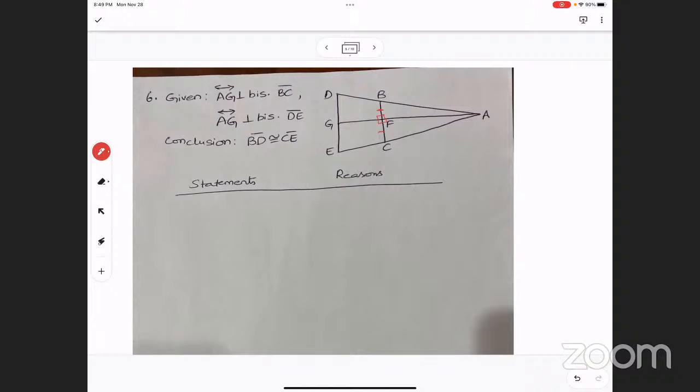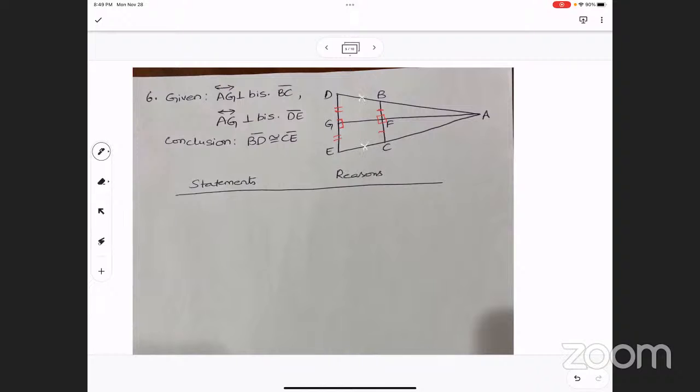AG is also a perpendicular bisector to DE, so by the same token we say those two and these two by definition. And they want us to conclude that BD and CE are congruent to each other. That's what they want us to conclude.